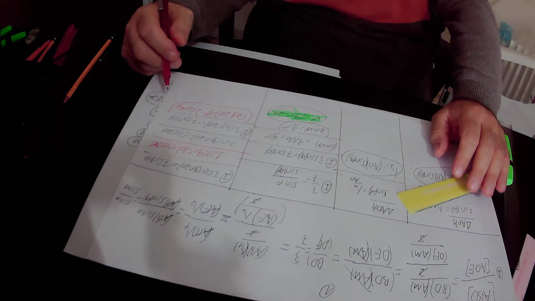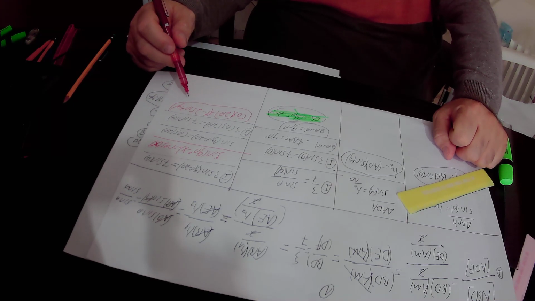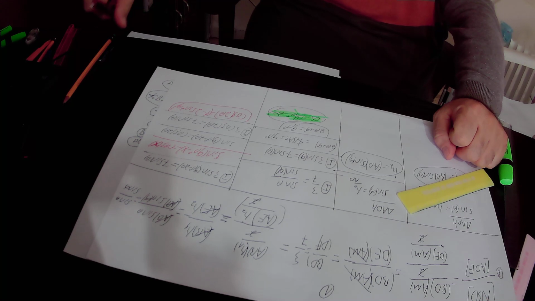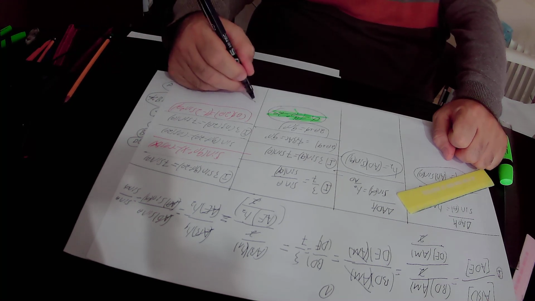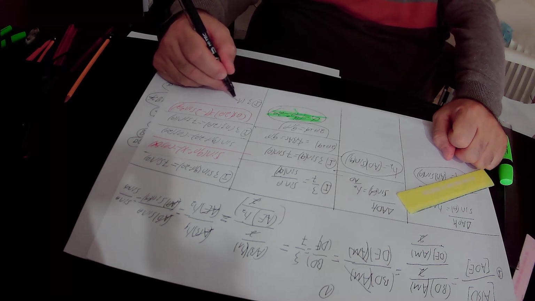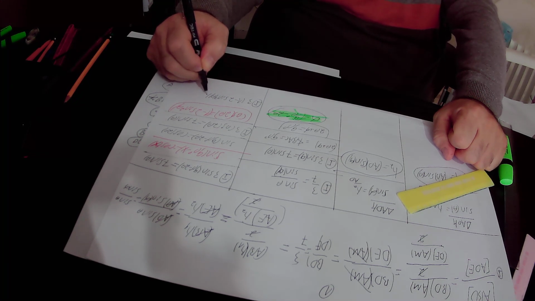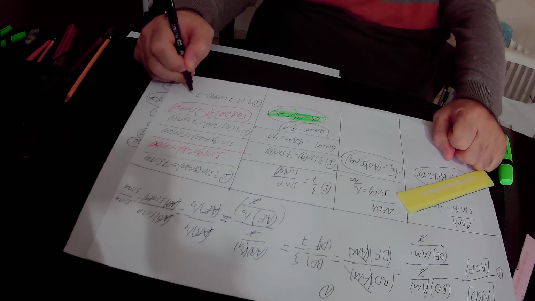That is to say, we can substitute cosine 2 theta in equation number 1 by 1 minus 2 sine squared theta. So we'll do it now and we will get that according to equation number 1, 3 times 1 minus 2 sine squared theta equals 7 times sine theta.